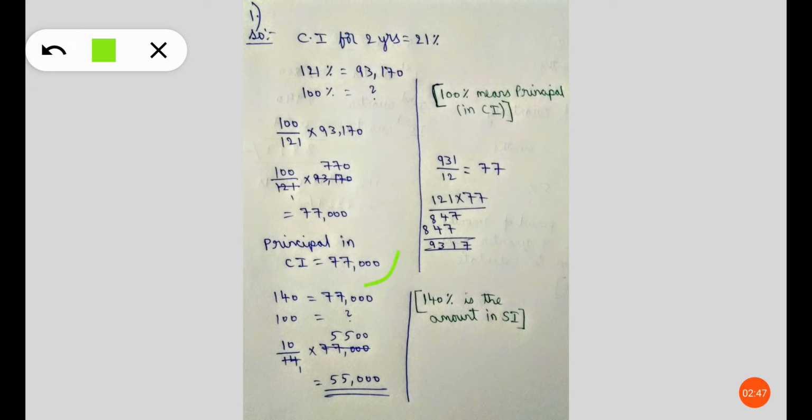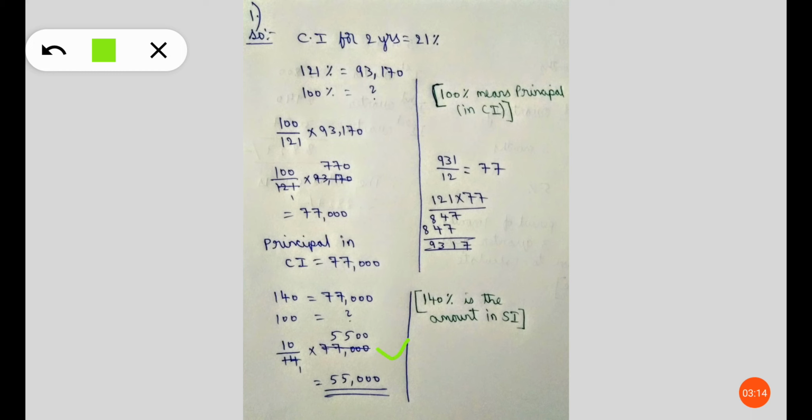We have to identify the principal in simple interest. So from the question, 140% is 77,000 and we have to identify the 100% value. 140% is the amount in simple interest. So 100 by 140, that is 10 by 14, into 77,000. This gets easily cancelled with the 14 table, or we can even cancel with 7.